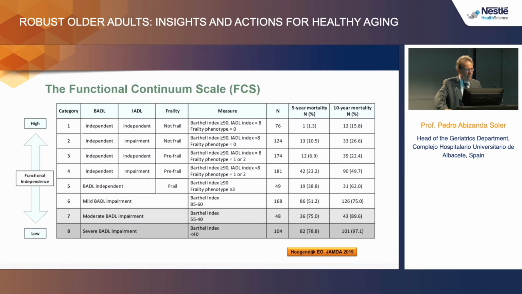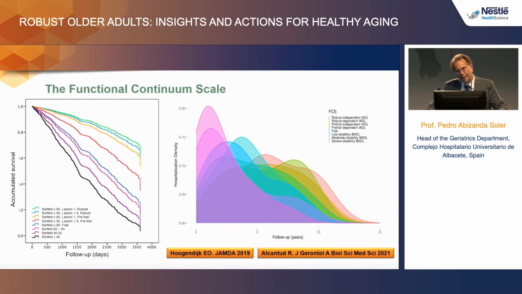So 1 is the most robust older adult you can imagine, and 8 is the most disabled older adult you can imagine. So every older adult can be put there. And this is very interesting, not only for research purposes, but also for clinical purposes. And we have also demonstrated that this scale works very well at determining mortality, for instance.